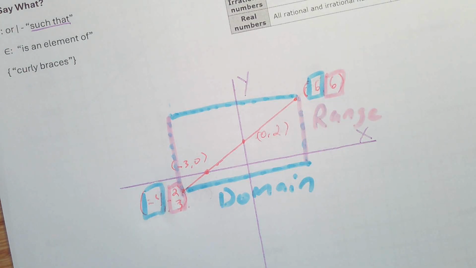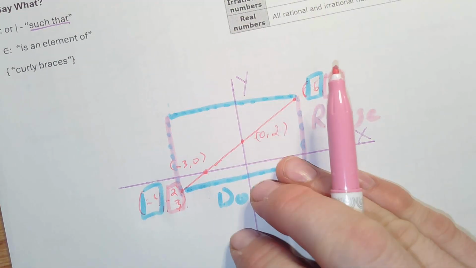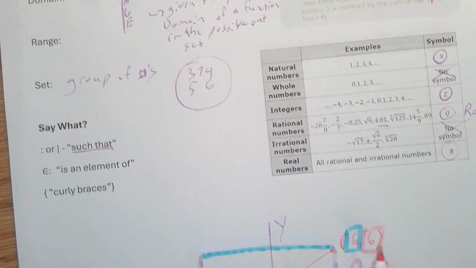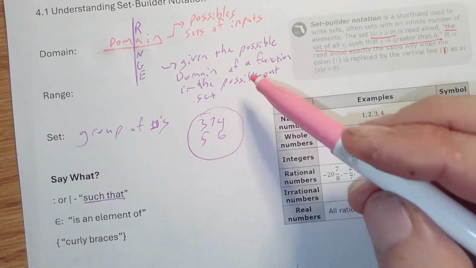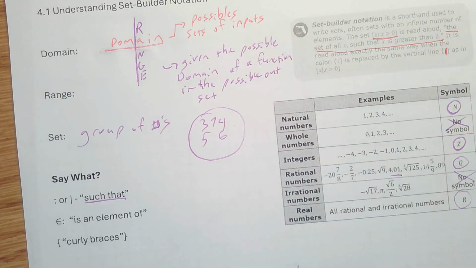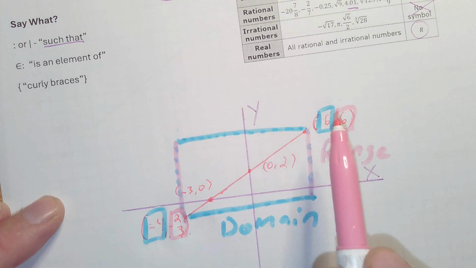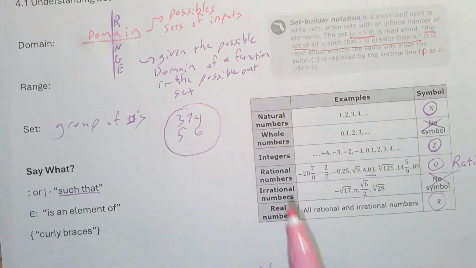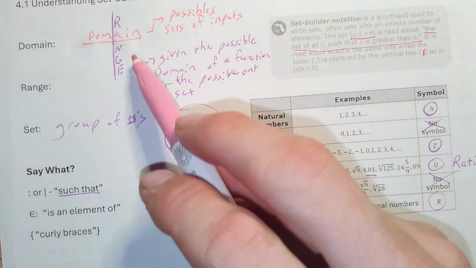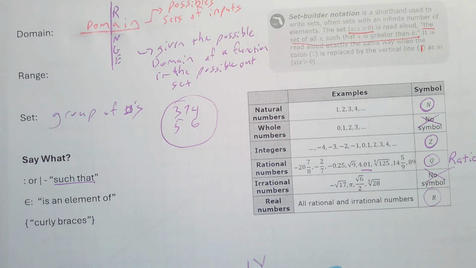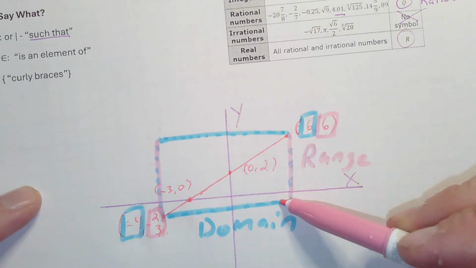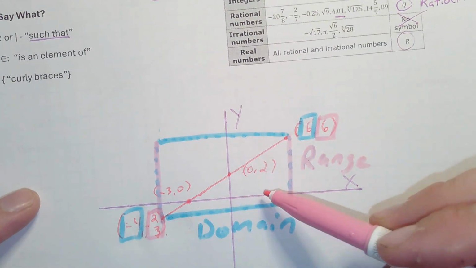If you look at what we said for domain and range up here, my domain is my possible inputs. That's my x values. And then my range is my possible outputs because of my possible inputs.